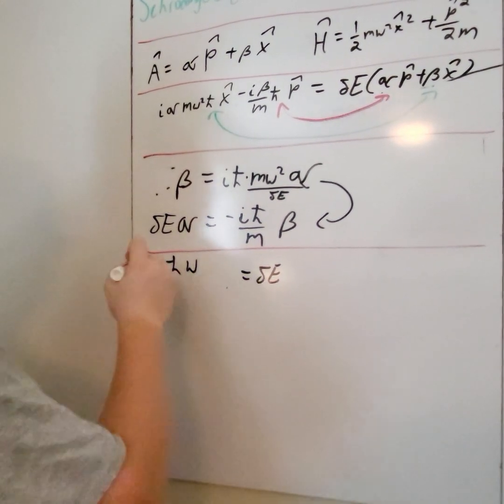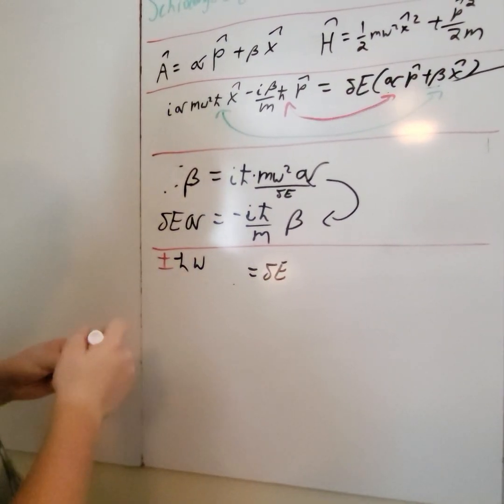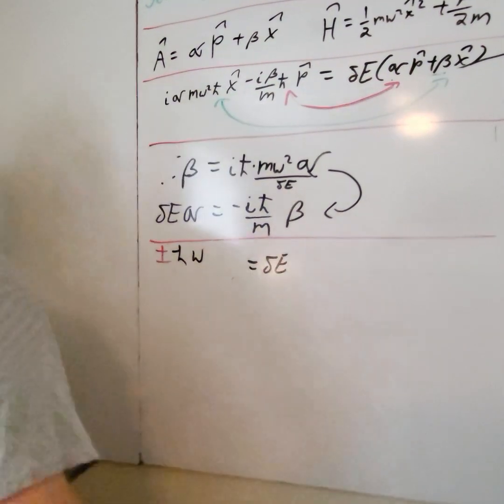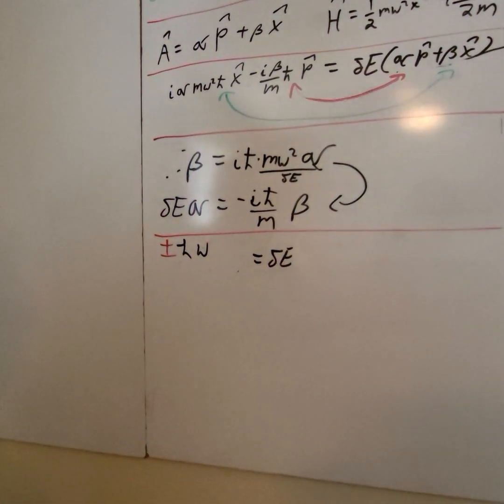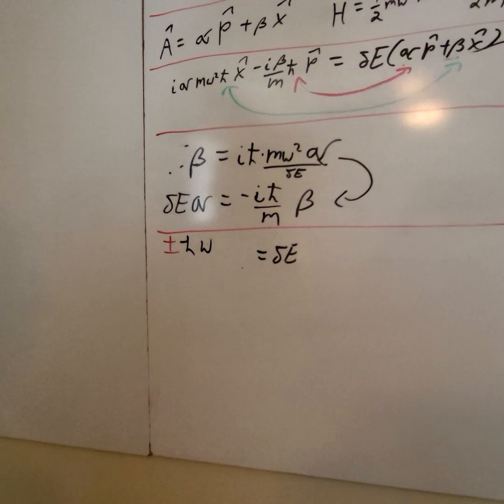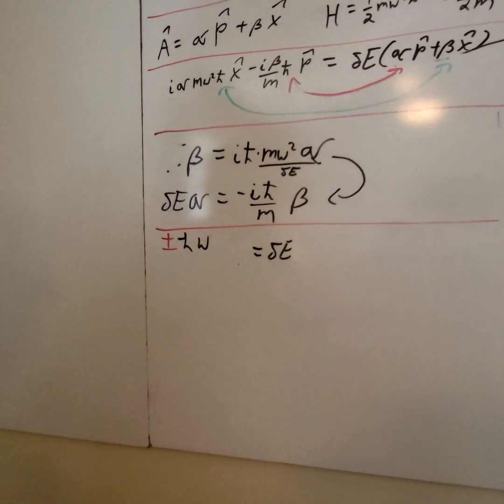There's positive and negative h bar omega equals delta E. So there's not just one possible delta E, there are two.